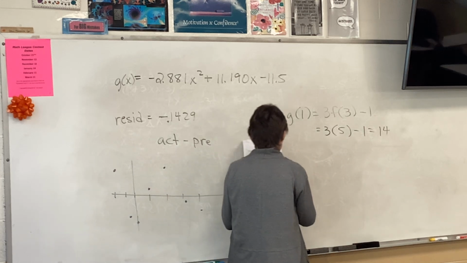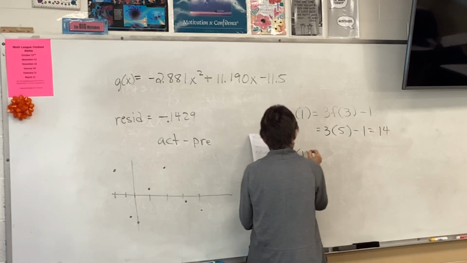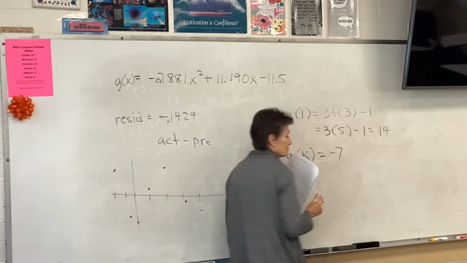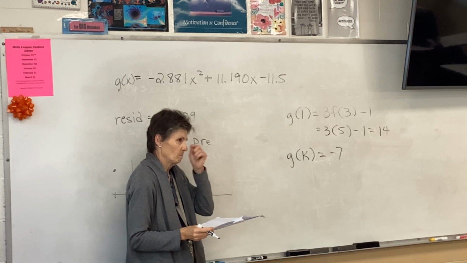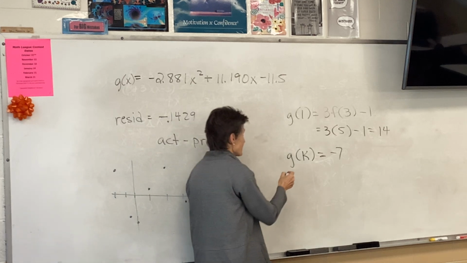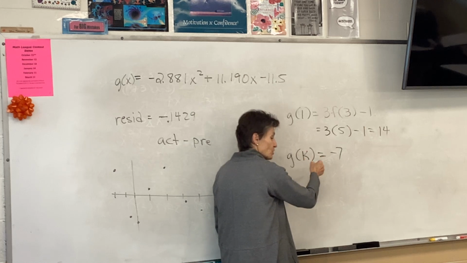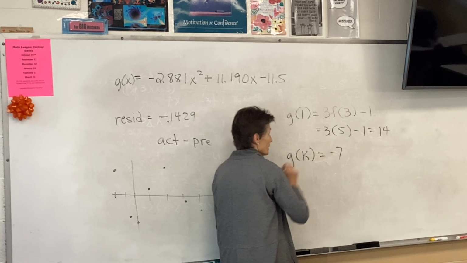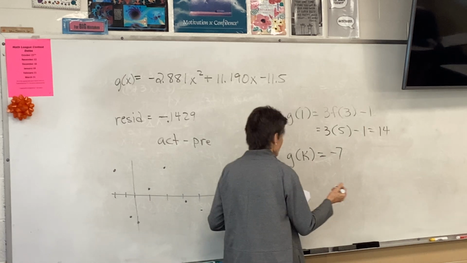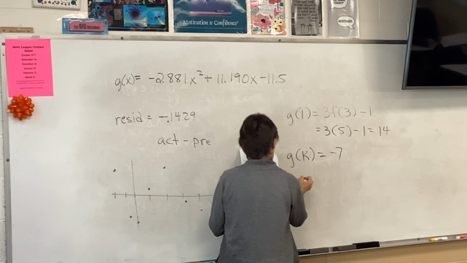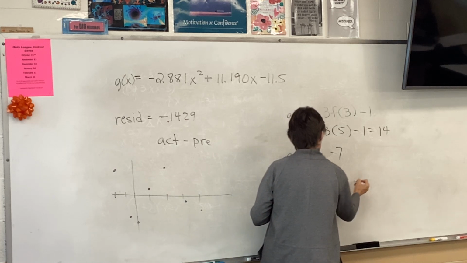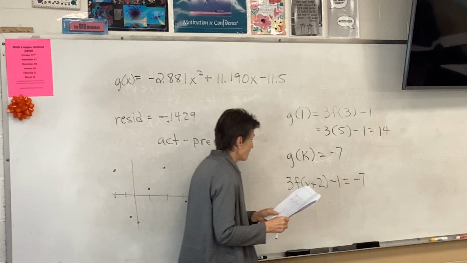Find k if g of k is -7. That means that the value of the function is -7. So what does the function look like? 3f of x plus 2 minus 1 has to equal -7.